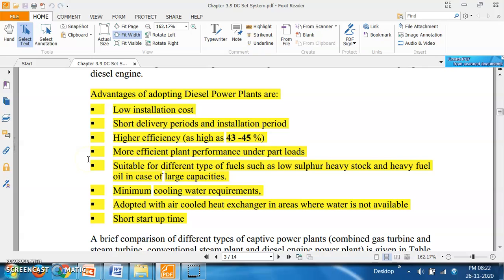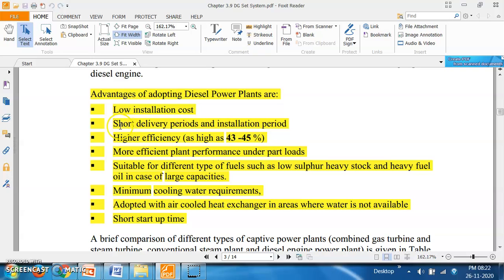Maybe within 2 or 3 days you can install the diesel engine power plant, whereas a thermal power plant requires years of installation process, and a nuclear power plant also has such a huge installation process.